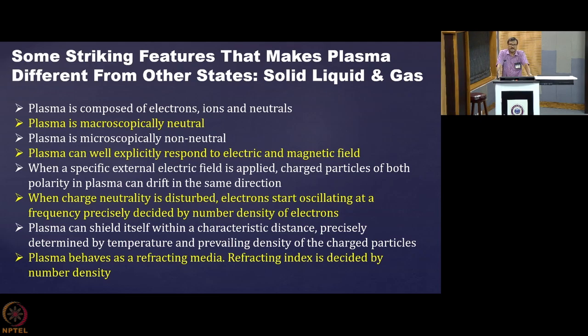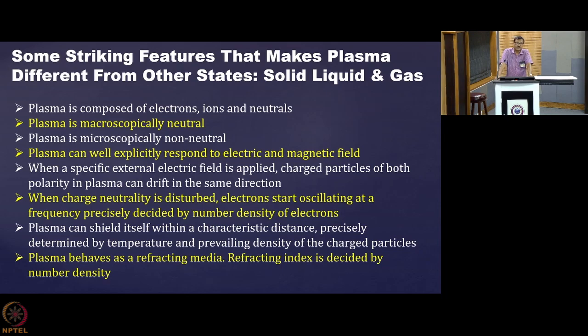And when an external electric field is applied, charged particles of both polarity in plasma can drift in the same direction. That is very peculiar, because ordinarily if you apply an electric field, then positively charged particles will move in one direction and negatively charged particles will move in just the opposite direction.